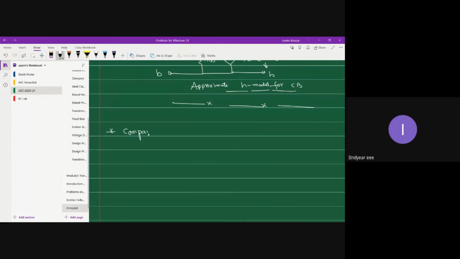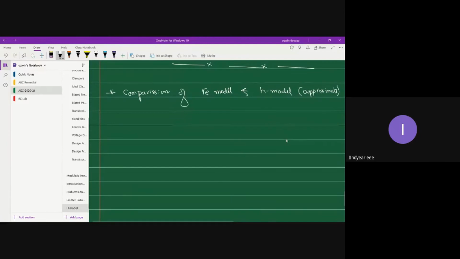Yes, sir. Okay. Last topic, let me take the comparison of the RE model and the H model. For the comparison's sake, I will consider the approximate H model, and I will consider the CE configuration.